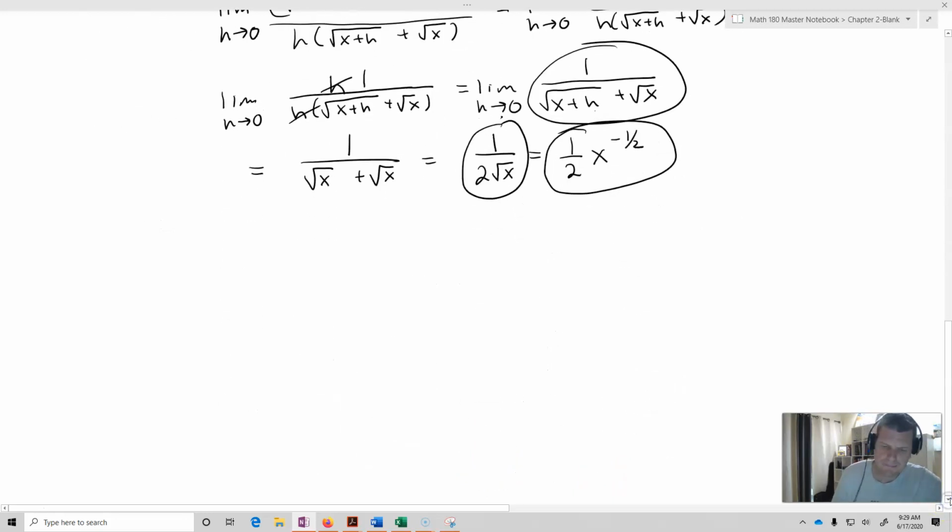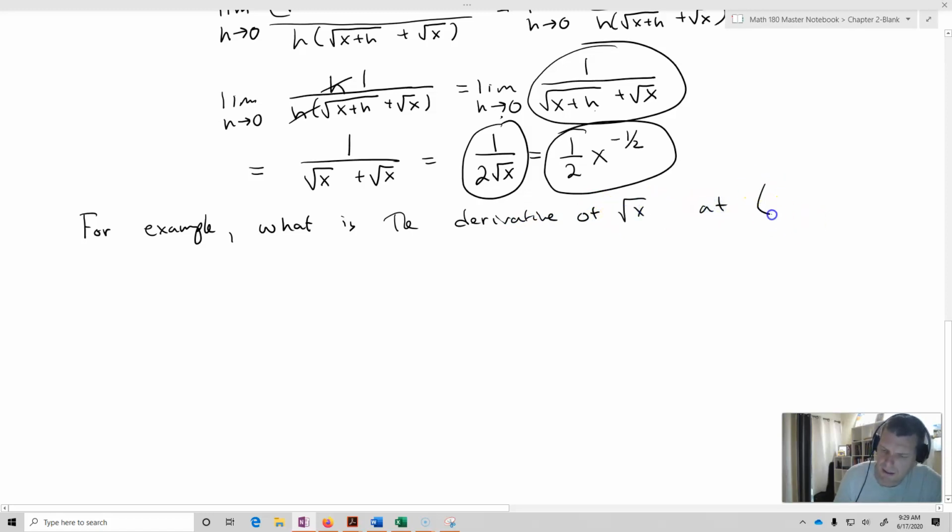So for example, what is the derivative of square root of x at, let's say, 4, 2. Okay, so there's a point (4, 2).